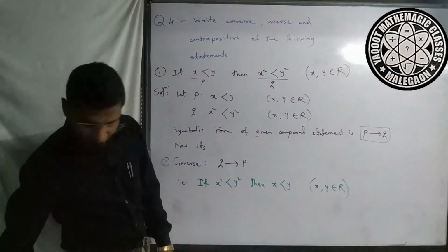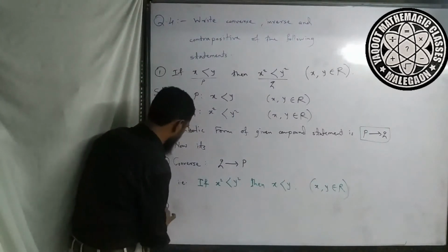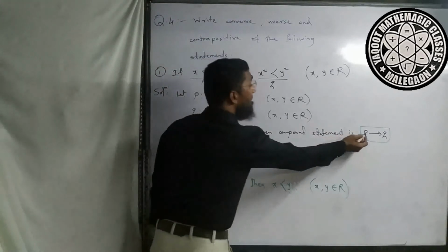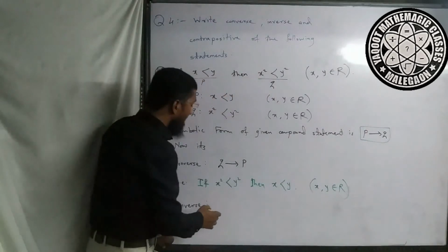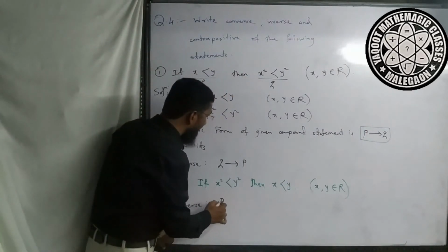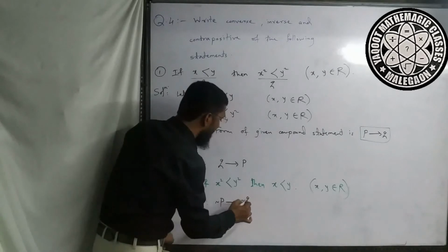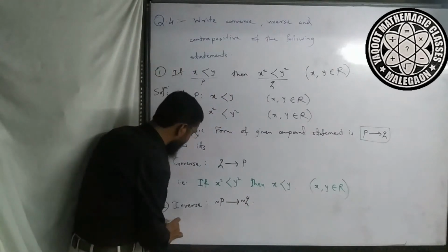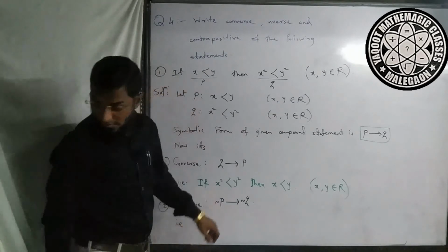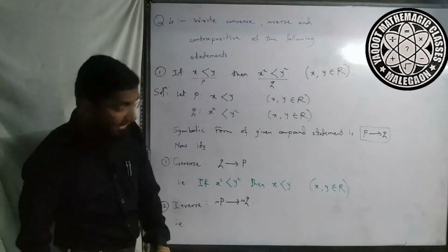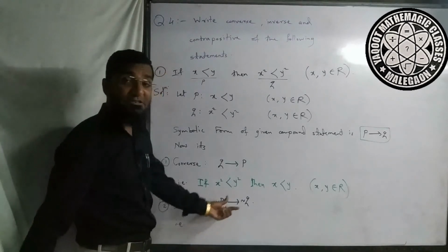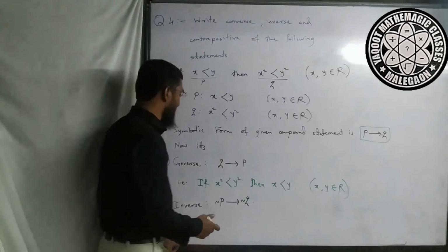Second is inverse. Inverse of P implies Q is negation of P implies negation of Q. That means if negation of P then negation of Q, that means negation of P is hypothesis and negation of Q is conclusion.